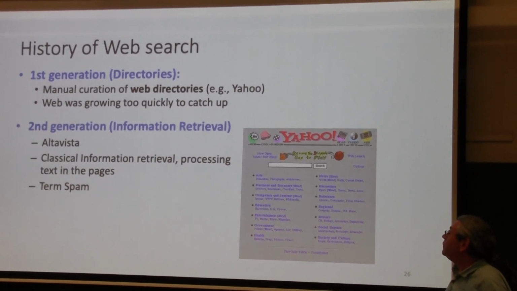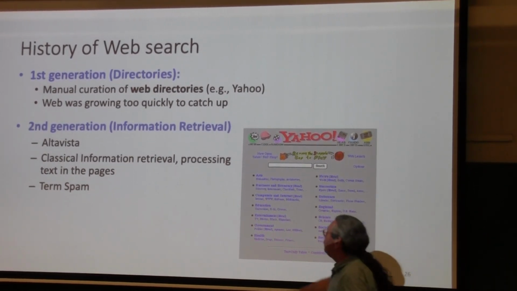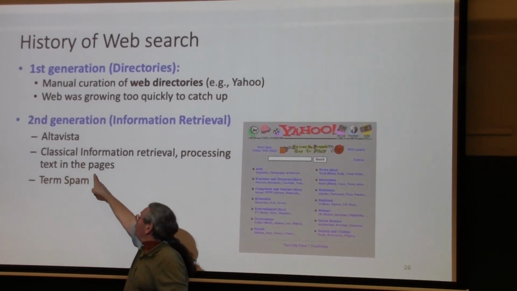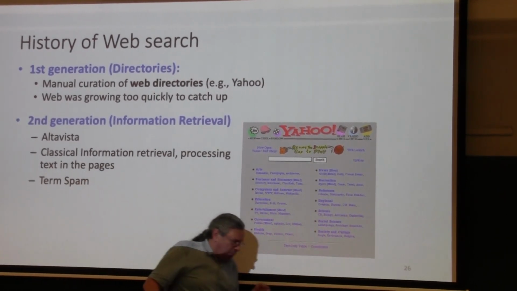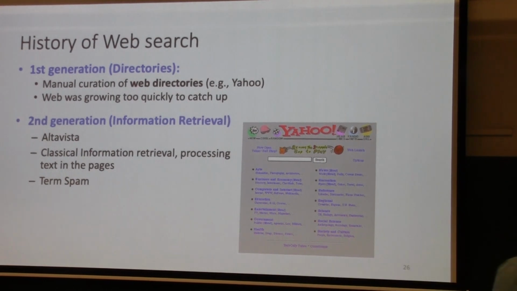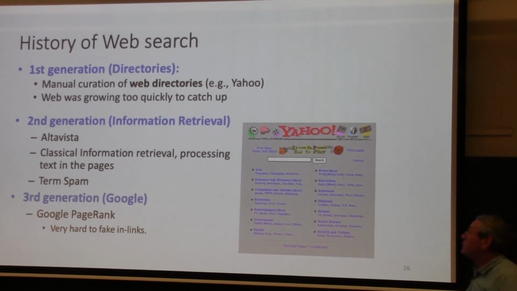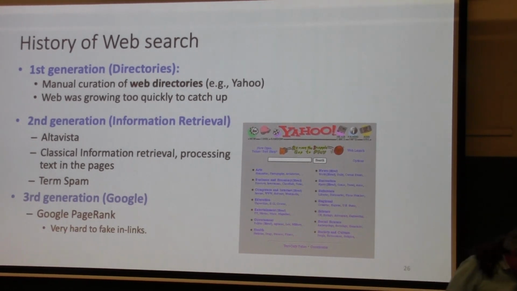And they make indices. But this didn't work very well. And it was spammed. People did something called term spam. It was very easy to cheat from this. And then the third generation came, and they basically took over. This was Google PageRank. Okay, so this is the short history of web search.